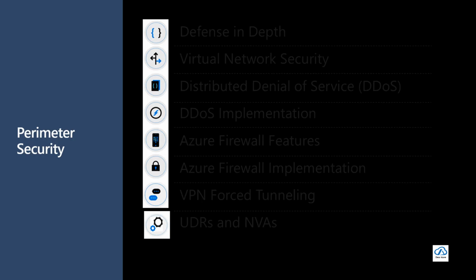And so basically, UDR and network virtual appliances essentially help you to override the default system routes and help you go where you need to. So if I want a traffic to flow in a particular direction, then I might use UDR and network virtual appliances as well. So yes, it's all about protecting myself from the traffic and ensuring the data which is flowing in and out is secured, and I'm using the right tools for using it.